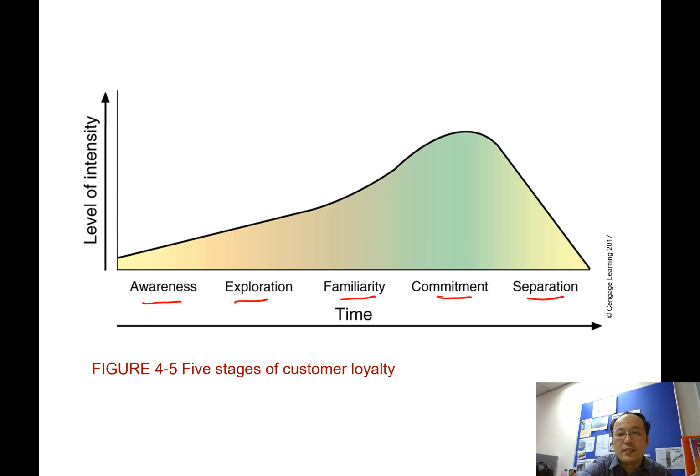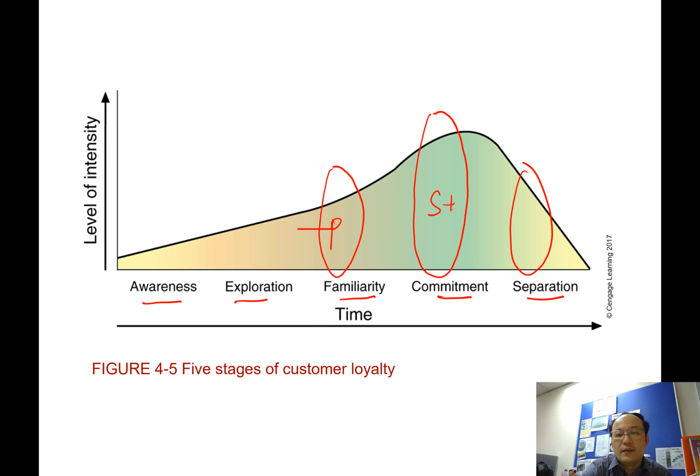Commitment means they already stay and come back again. Familiarity means they already understand and then they make a purchase. This one they stay, this one they leave. They get information, and then they purchase, and they stay, and they leave.